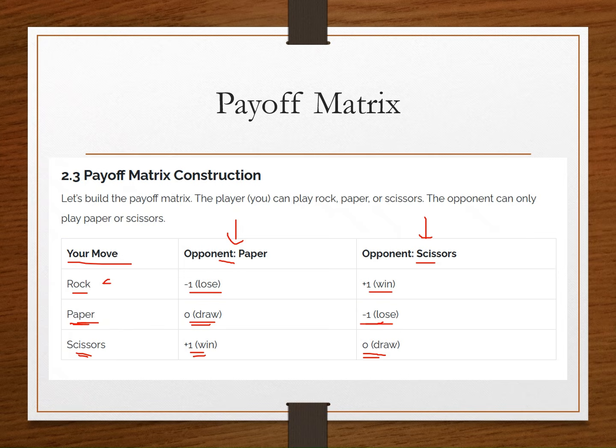Now, just based on this payoff matrix, we cannot really estimate the expected values because we don't know the likelihood of the opponent playing paper or scissors.